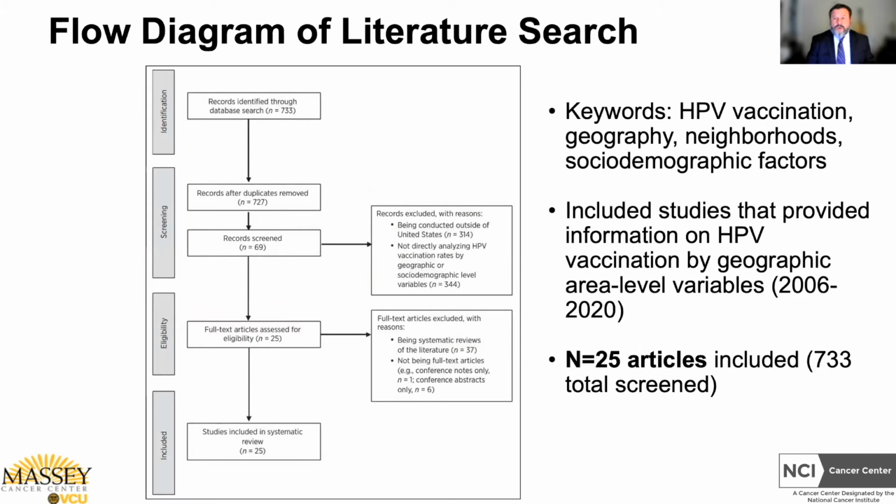We used a keyword search through a number of different databases, including PubMed and others. And we included studies that provided information on HPV vaccination by geographic area level variables. And so we culled our list down to 25 articles from 733 that we identified.